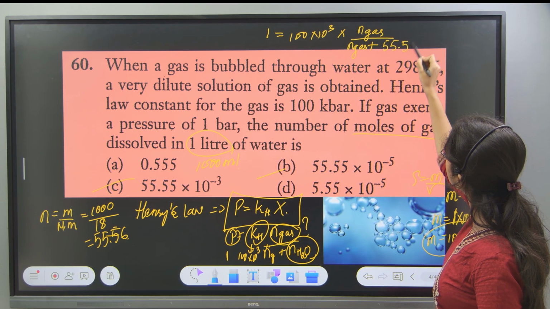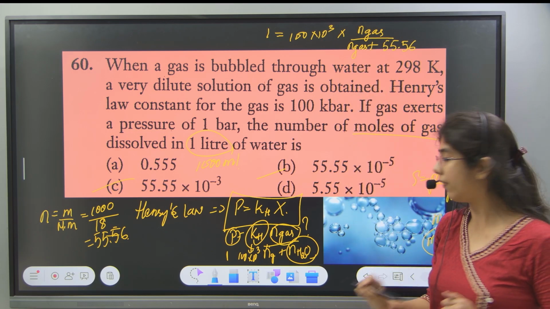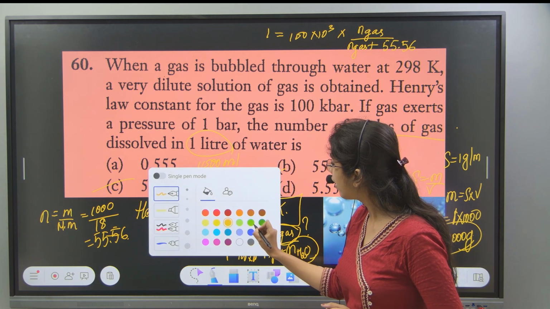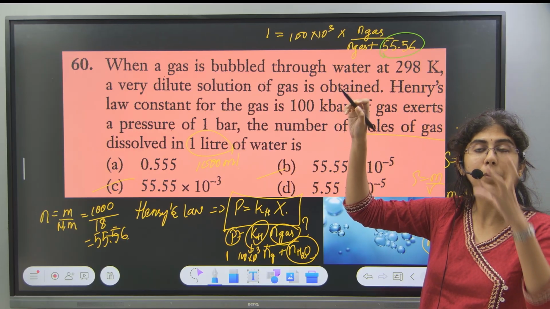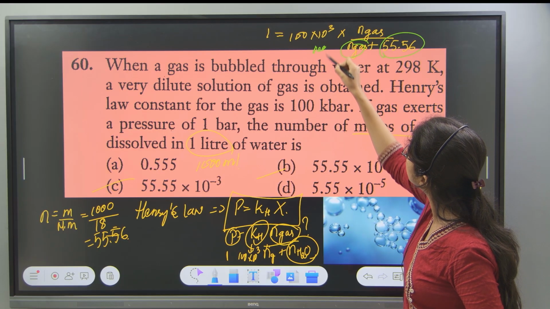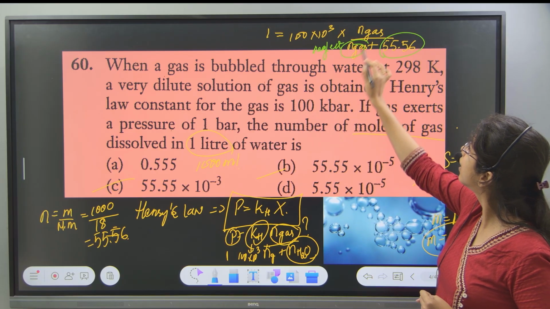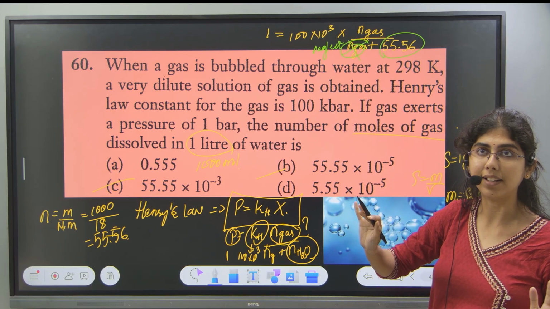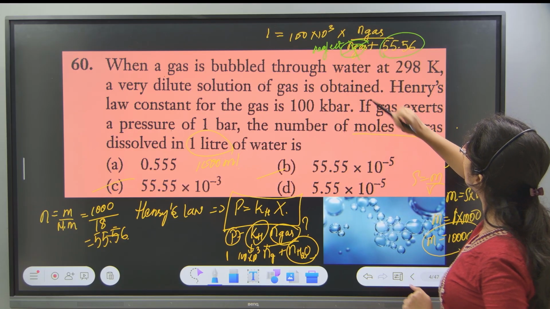Now in this case, I had told you that compared to moles of water, moles of gas will be quite less. That's why we shall neglect this term in the denominator, completely neglected. Now we have only moles of gas in the numerator.